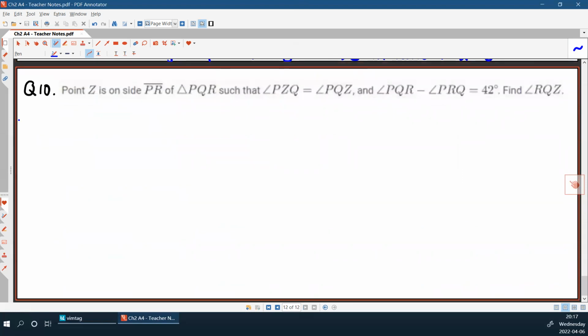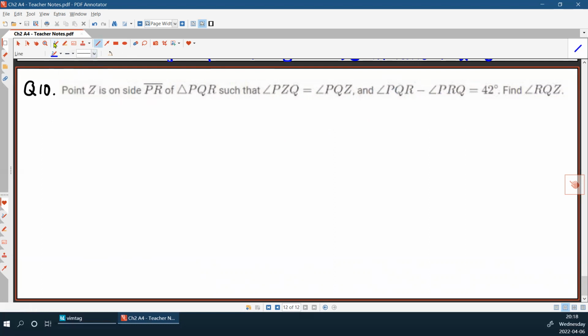Point D is on side PR of triangle PQR such that angle PZQ equals PQZ and angle PQR minus PRQ equals 42 degrees. Okay, if there is no diagram, it's very hard to understand what it is talking about, right? So first of all, it's better to draw a diagram to illustrate this question.